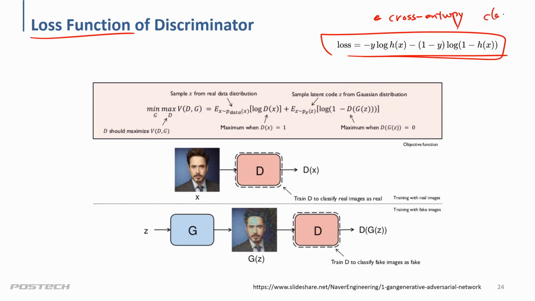You can think of it as a binary classification problem, and it's a typical loss function because it's a classification from 0 to 1. Okay. Now let's think about this one.